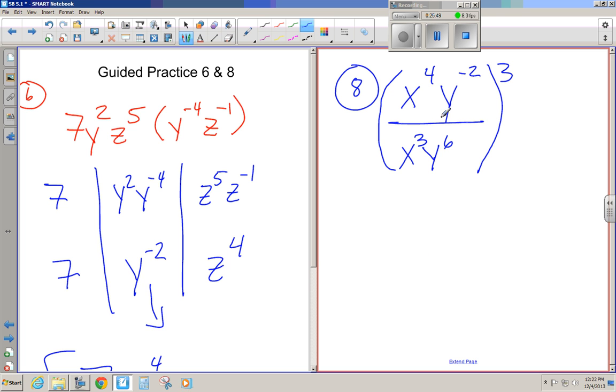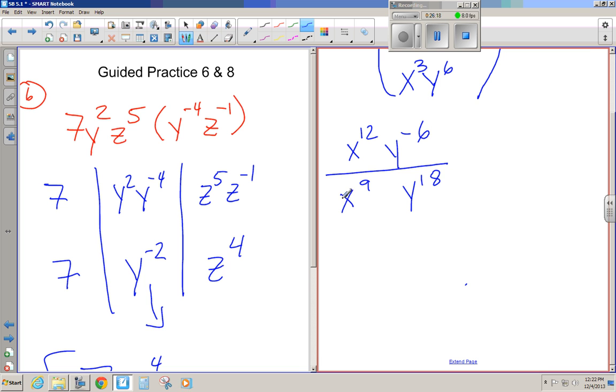So for here, before we break it up, this time I'm going to say distribute the 3 into all of this stuff. That's one way to set this up. So you could get x to the 12th, y to the negative 6th, x to the 9th, y to the 18th. And now I'm looking at individual pieces. All right?